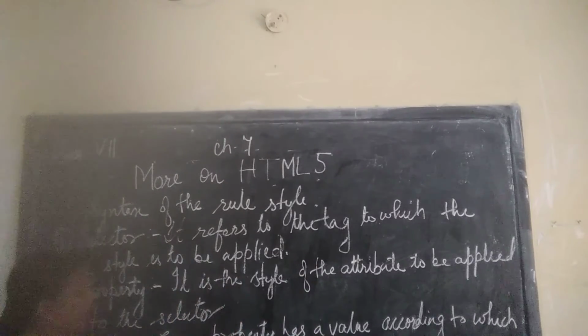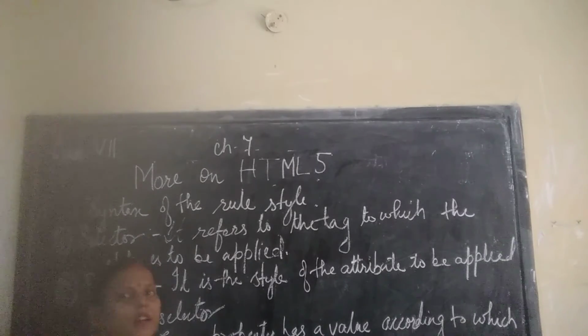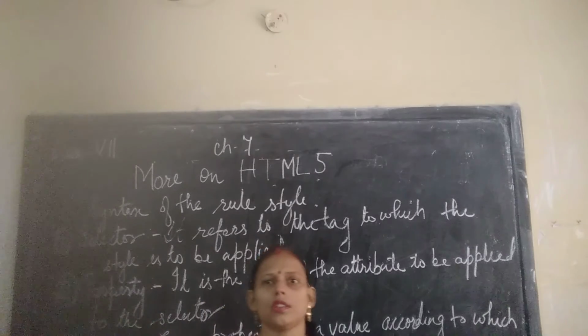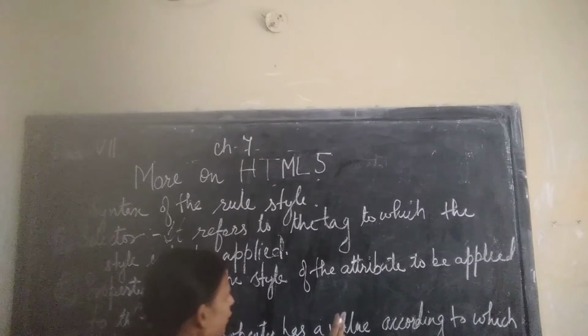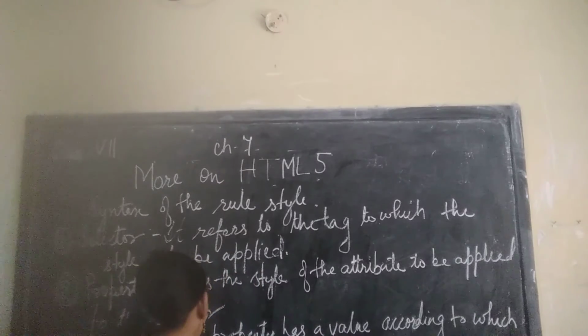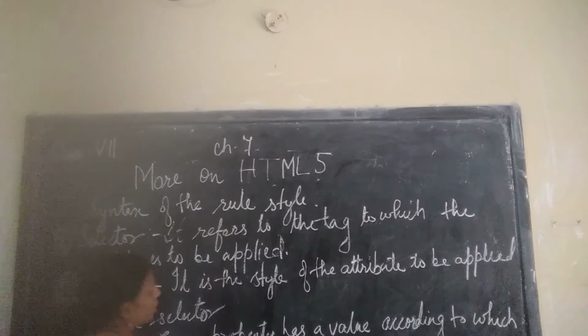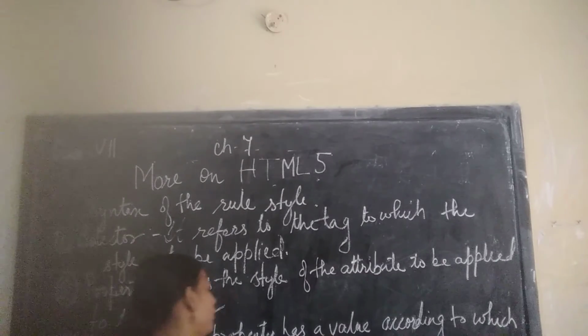When we are using a property, every property has some values. From those values, we have to select the value for every property according to its selector. According to the selector, we will give the value.